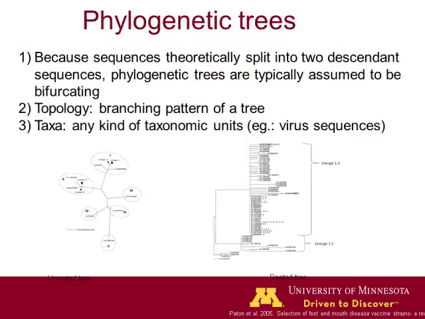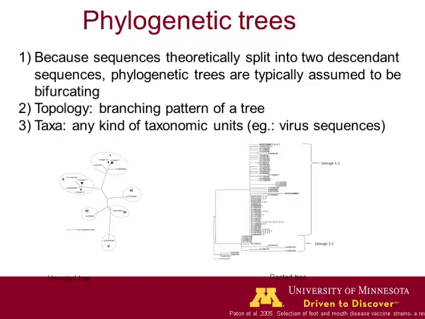With that information, what we do is we build dendrograms. These shapes here are called dendrograms, and if they are done in the context of phylogenetic analysis, they are called phylogenetic trees. And what we do there is try to establish those relations.